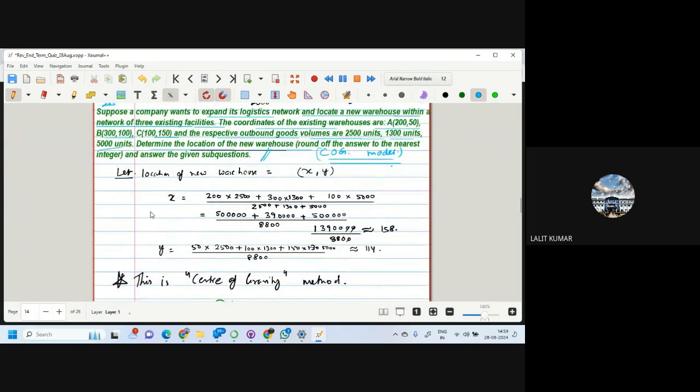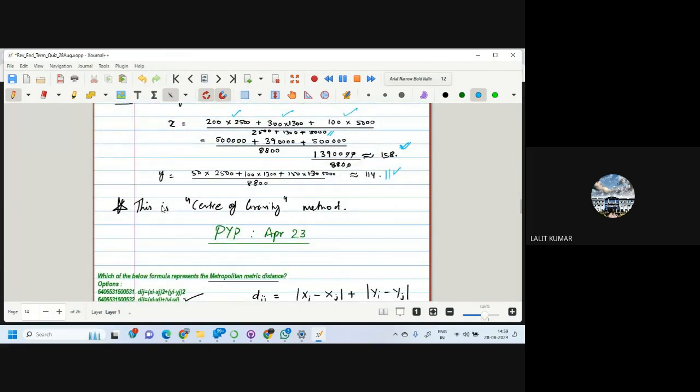So X will become, take horizontally 200 into demand plus 300 into demand plus 100 into demand, and then you divide by the sum of the demand. So here you get 158, and vertically on the y axis you get 114. So this is how you do that. So remember, COG will give you the correct one.